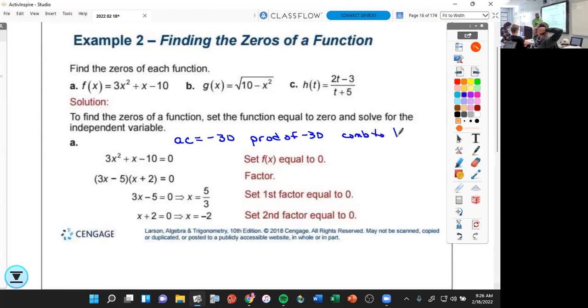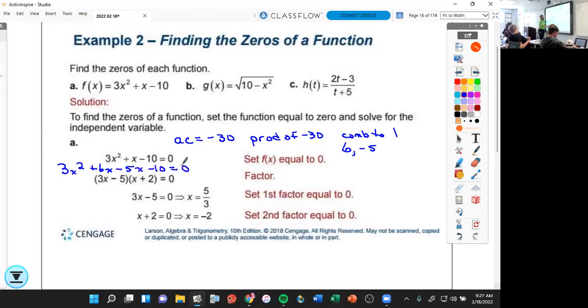What are those two numbers? 6 and -5. Which means I could write this as 3x squared plus 6x minus 5x minus 10 equals 0.